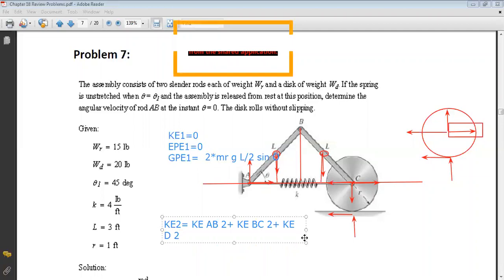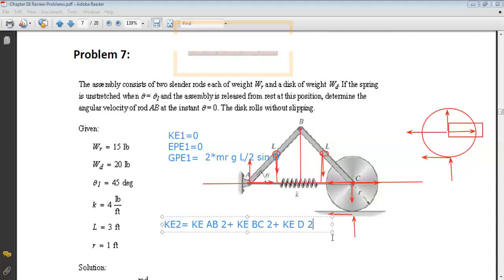I should find all of these kinetic energies. And to be able to calculate them, I need to go to chapter 16 because it will help me in finding the angular velocity of each of my parts. So let us do the analysis at the final state.